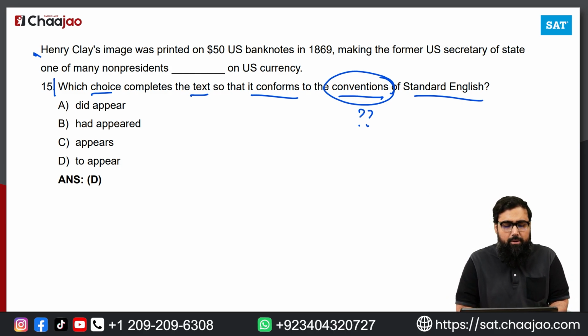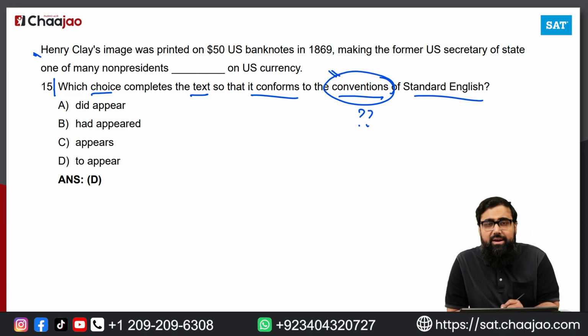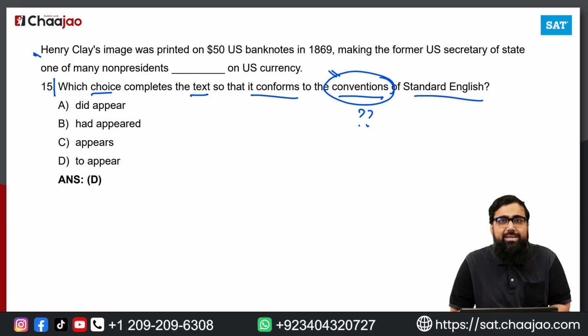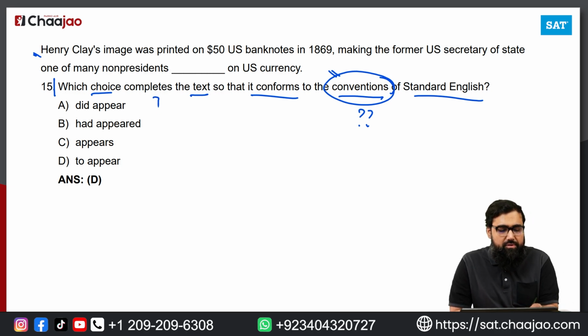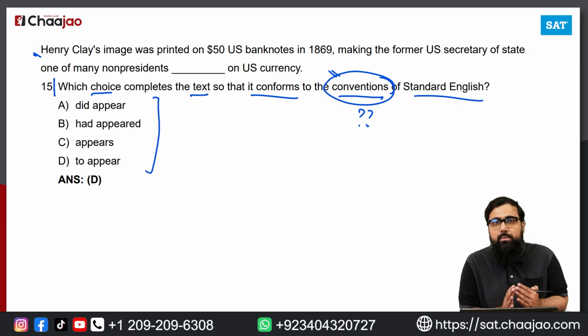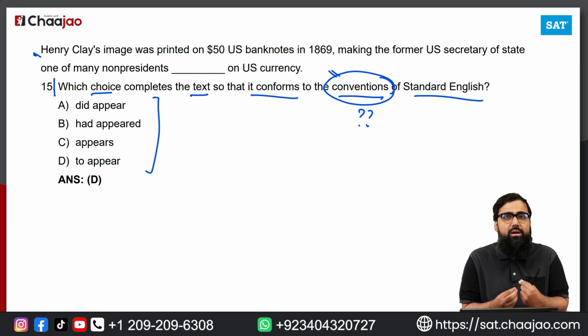So if you look at it over here, the best way to identify which of the conventions is being tested, I tell my students, is to see the difference in the options. For example, if one of the options is singular and the other is plural, and that is the only difference in the options, chances are that it may be a subject verb agreement question, because that is what we have to look at in subject verb agreement questions, right?